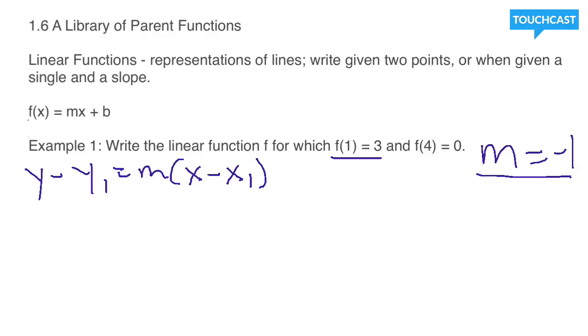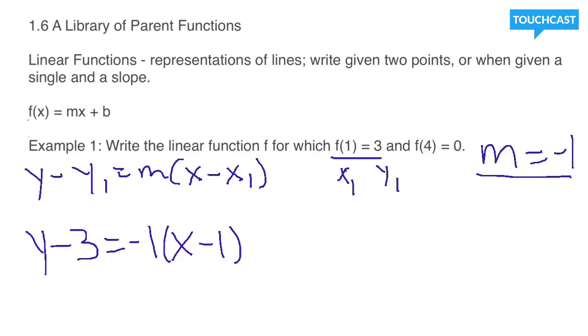So in this case, f of 1 is 3. That's going to be our y1. x1 will be our 1. So let's plug those in. We've got y minus 3 is equal to m we found to be negative 1 times x minus 1.